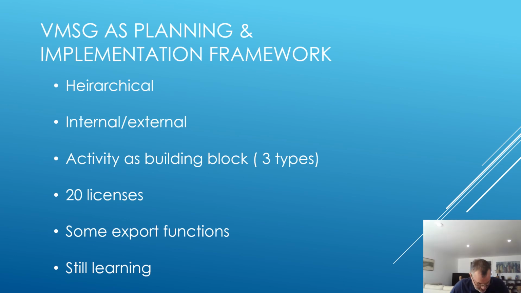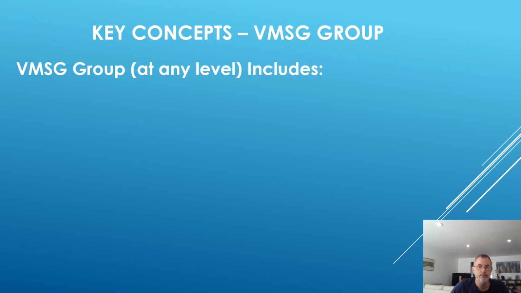It has activities as the building block, and there are three types of those activities: quality assurance activities, project-based activities, and quantitative measure activities. We're not going to get into those today. That's for another time. We currently have 20 licenses available. There are some export functions to export the data in this database, and we're still kind of learning how to use it, but we're certainly getting better at it.